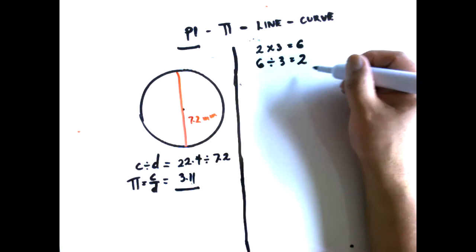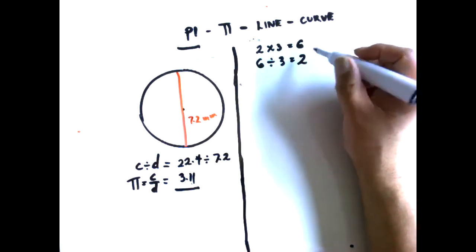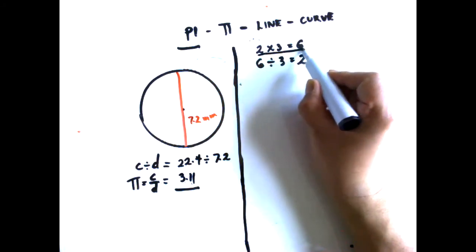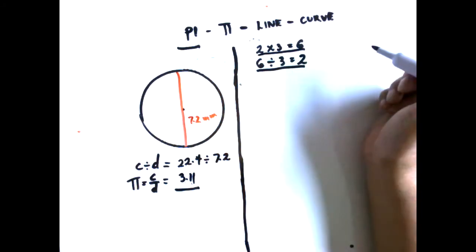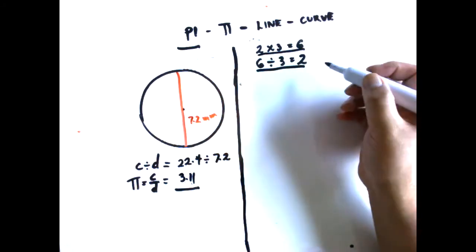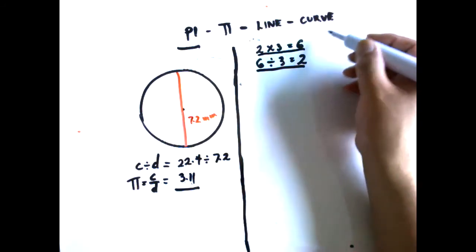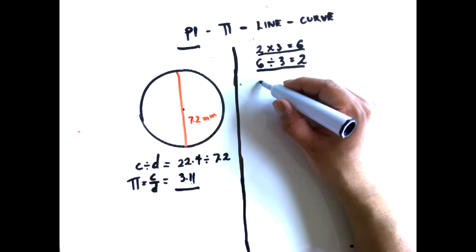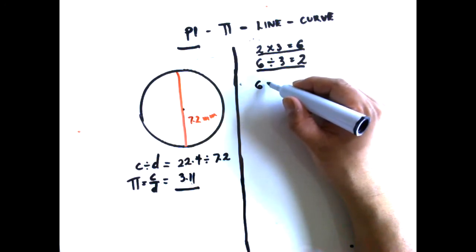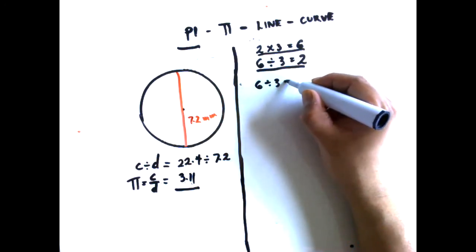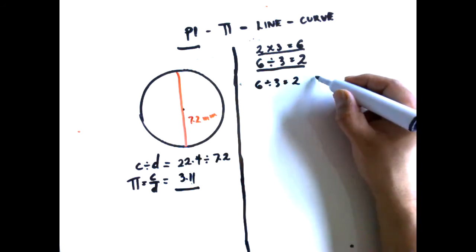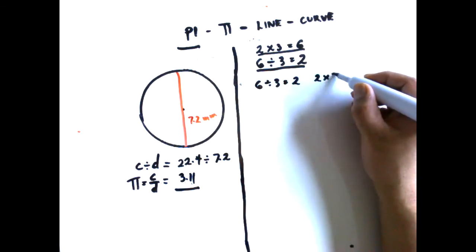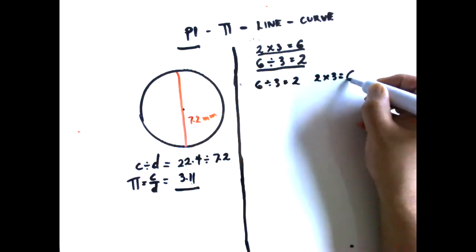Those are really what we have done. And so this one is the opposite of this one. To write this differently, it would be 6 divided by 3 equals 2, and the opposite to that is 2 times 3 equals 6.